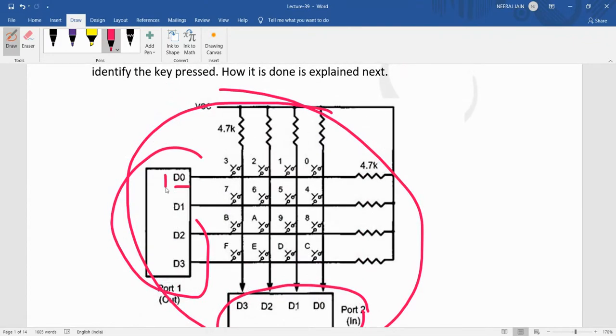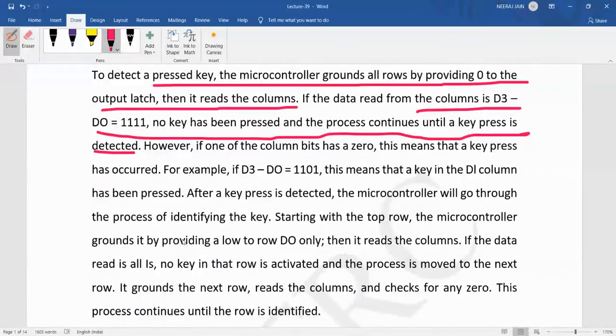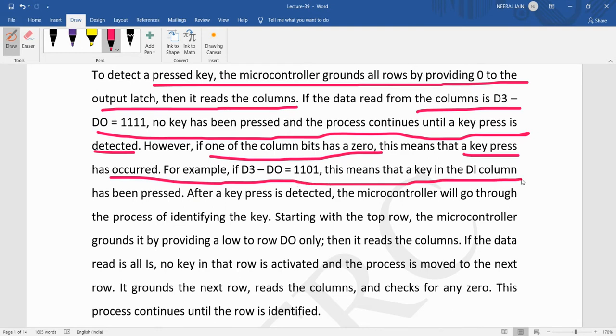If one of the column bits has a 0, this means that a key press has occurred. For example, if D3 to D0 shows a 0 in one bit, it means a key in that column has been pressed, and due to this, the 0 is coming.